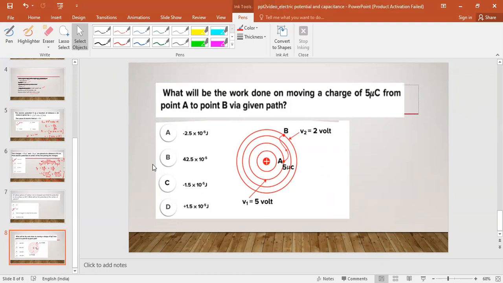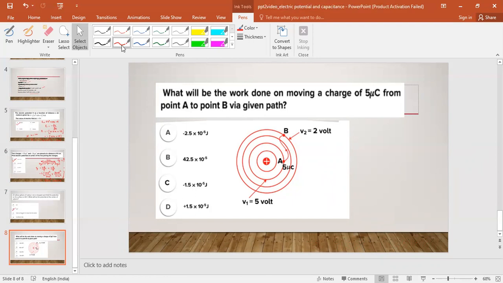So next question. What will be the work done on moving a charge of 5 microcoulomb from a point A to B via the given path? So we have to find out the work done for bringing the charge from A to B. The value of the charge is 5 microcoulomb.